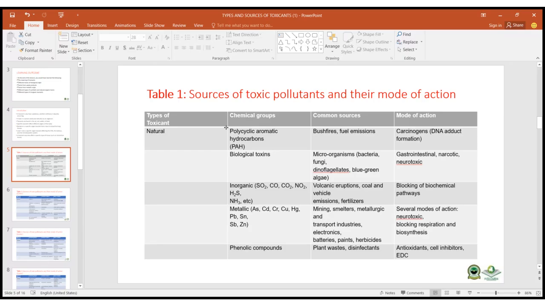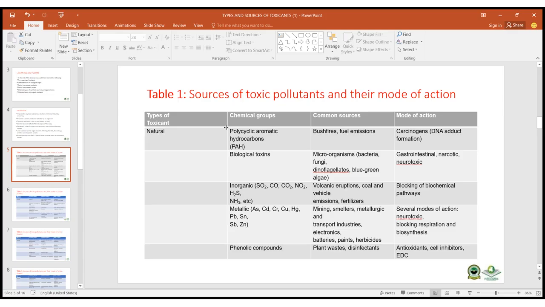There are toxins coming from bacteria, even from fungi. I'm sure you've heard about aflatoxins. They come from fungi, and their mode of action is that they affect the gastrointestinal system, and they are also neurotoxic. That means they can affect the brain.